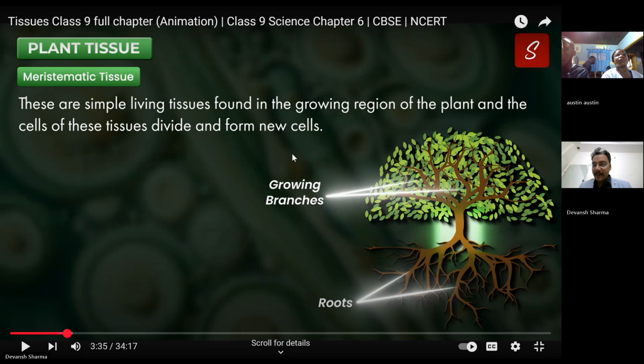The division and multiplication of meristematic tissue is so fast that not even a virus or bacteria can infect that. Their division and multiplication speed is very fast. I'm talking about meristematic tissue.